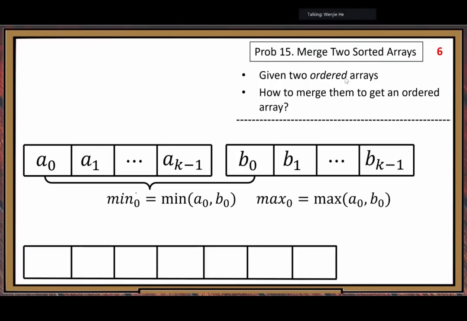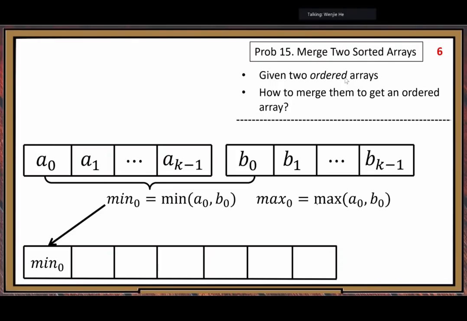That global minimum element is the first element in the destination array. So in this destination array, we can put it in place immediately. So after the first comparison, we can put one element in place.